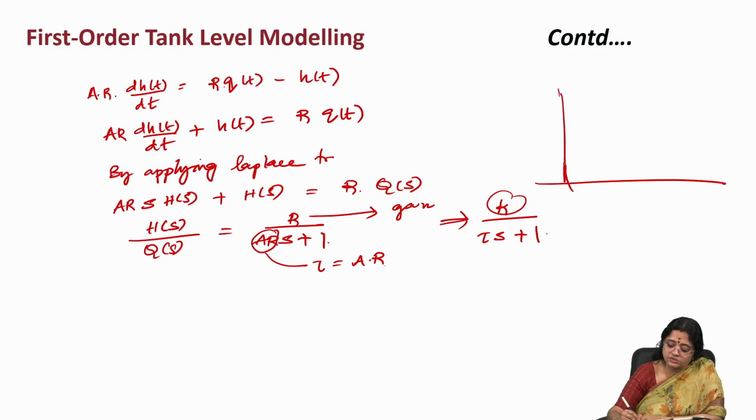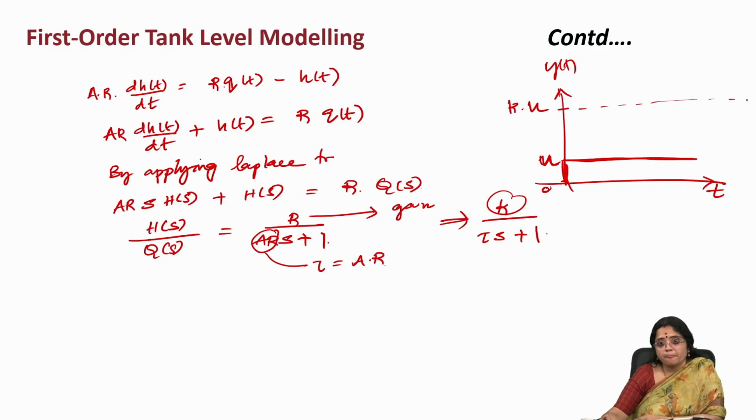So depending on how much input you are giving, let us say if you are giving u times of the step input, then y of t would be the final value reached by y of t from its initial value 0 would be K times u value, and this is the final state reached by our response h of t.